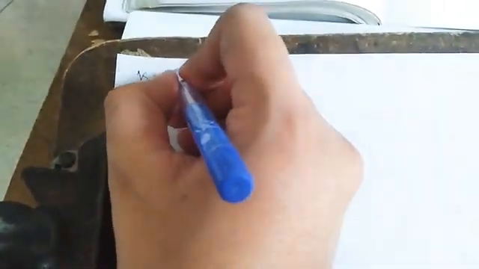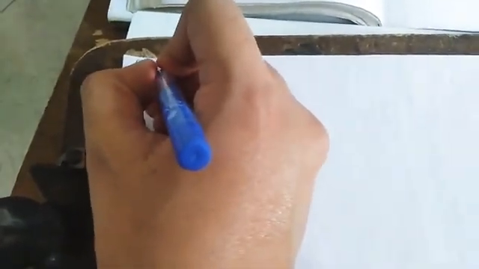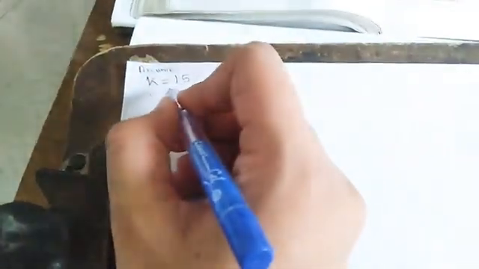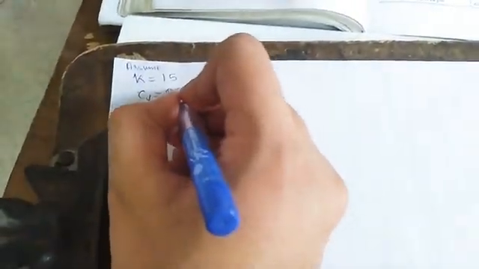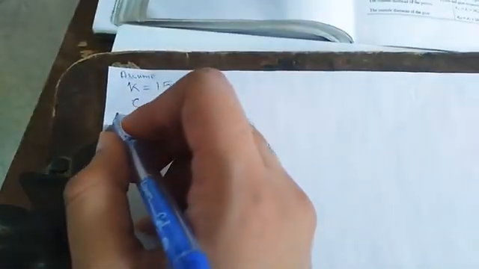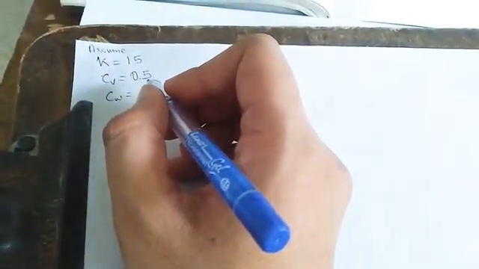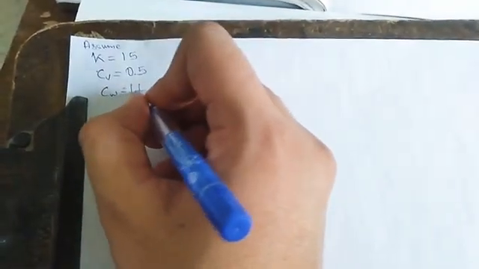Now I will assume the value of K as 15 and CV equal to 0.5. Similarly, I will consider CW as 1.15.